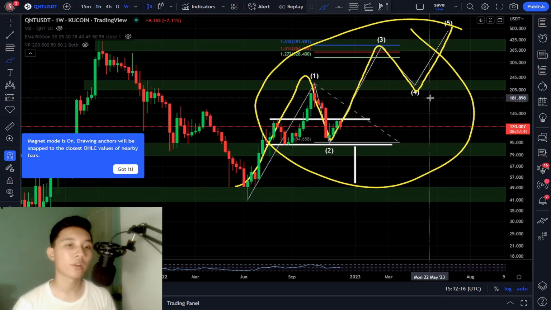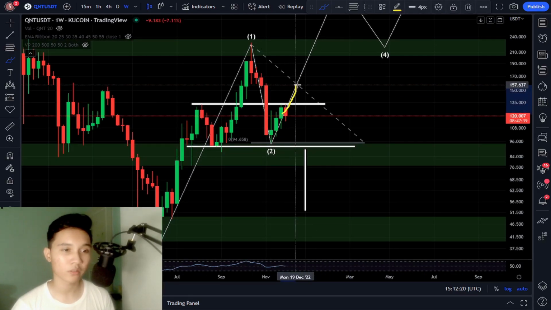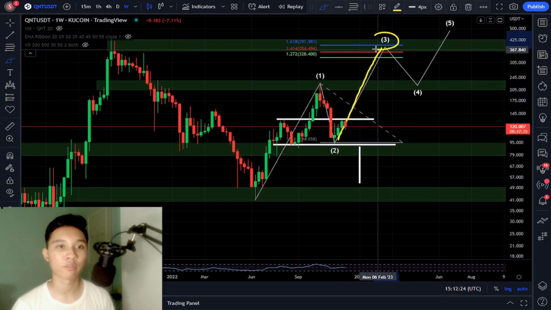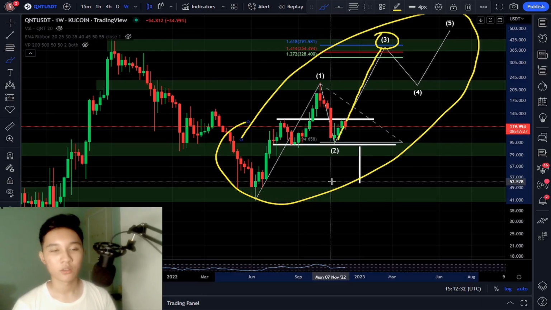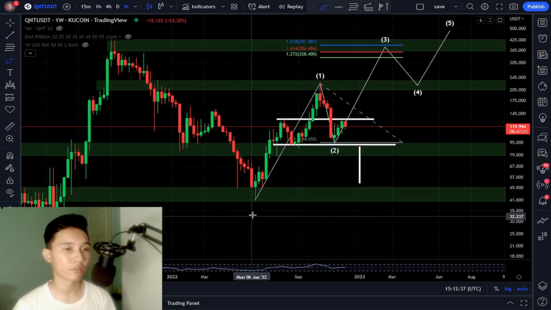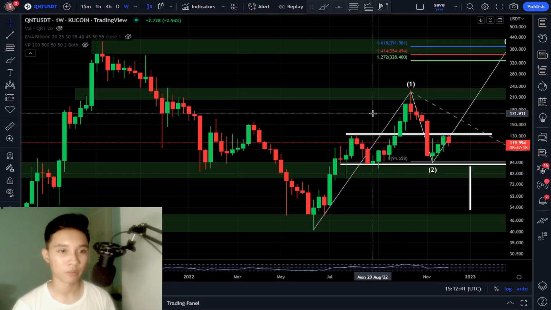So I want to see quant in the weekly time frame immediately break above $132, to confirm that we are in this move to the upside for the wave 3, targeted at $360, and complete basically the 5-wave move to the upside. So yeah, that's basically the weekly time frame. I'll continue mentioning this in my future videos so that my viewers can catch up to the updates on this.